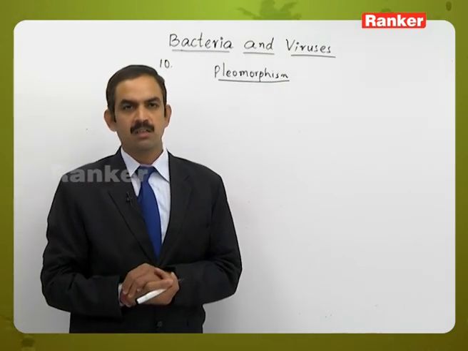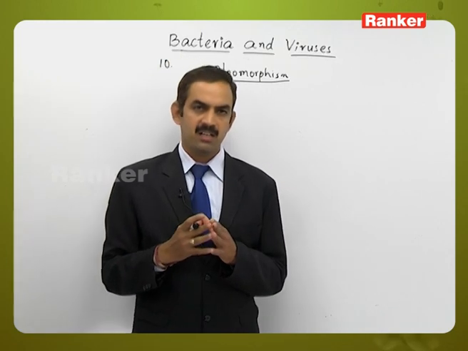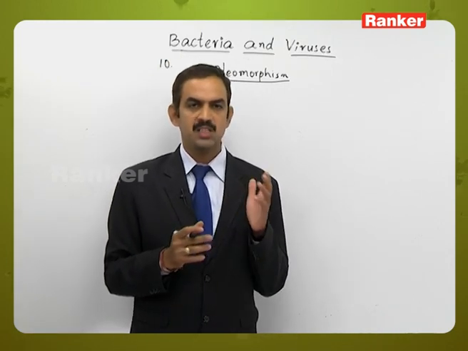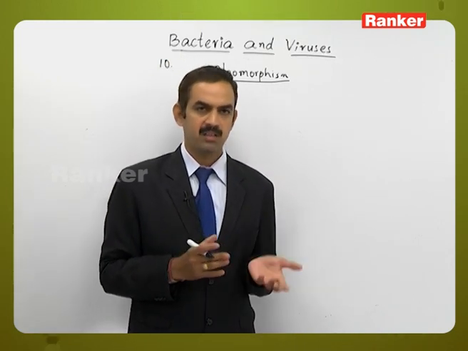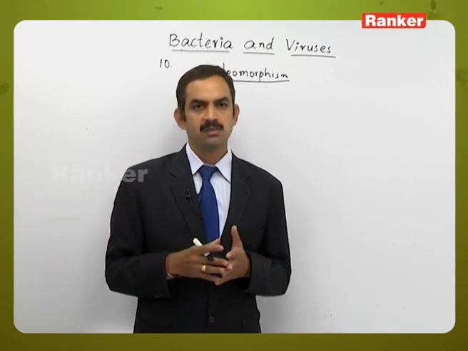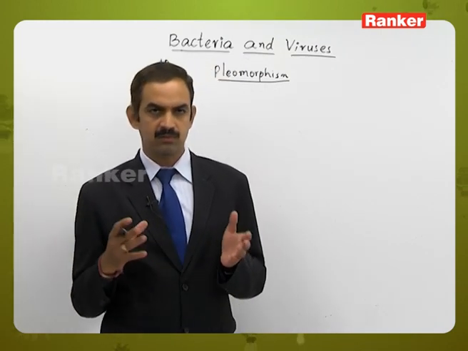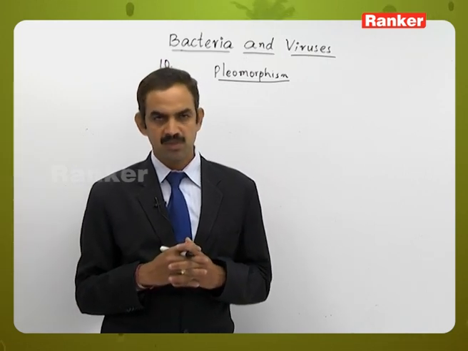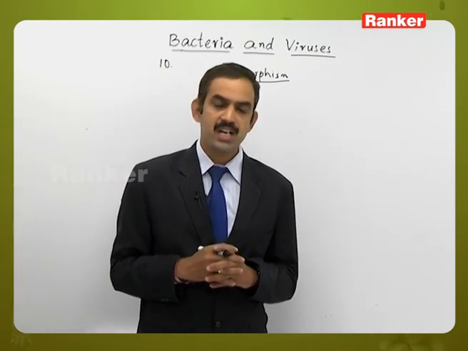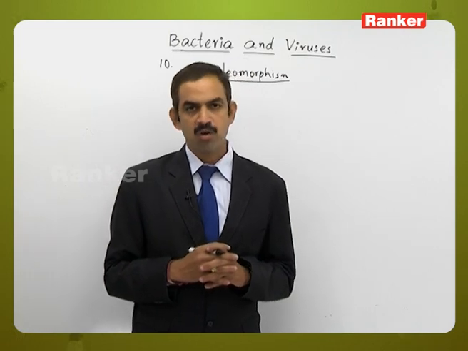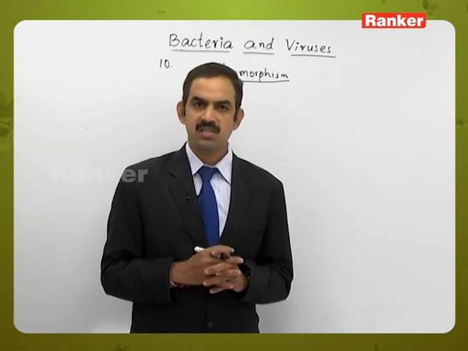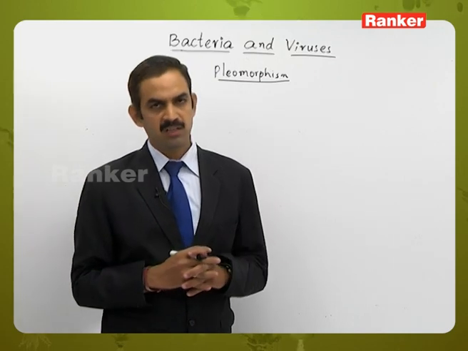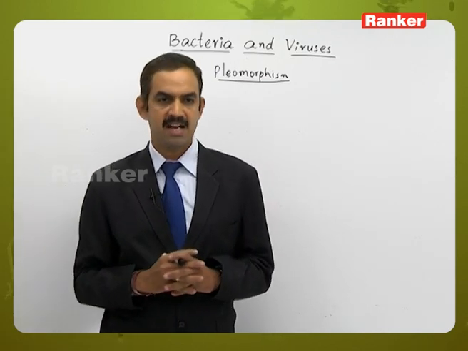Generally, the majority of bacteria will have one specific shape: either spherical, rod shape, spiral, or vibrio, comma shape. But there are some exceptional cases where they will change their shape according to the environment in which they are existing, and depending upon the nutrition that is available.